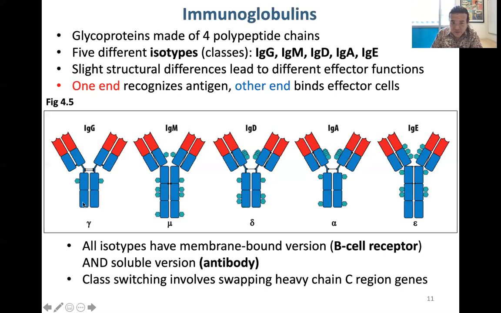Because it uses these blue constant gamma blocks instead of the blue constant mu blocks, right? And that means the stem is different so that the IgG has slightly different properties than the IgM. But importantly, that B cell will still maintain the same antigen binding domain, because after all, that's the whole purpose of how the B cell was chosen, right?